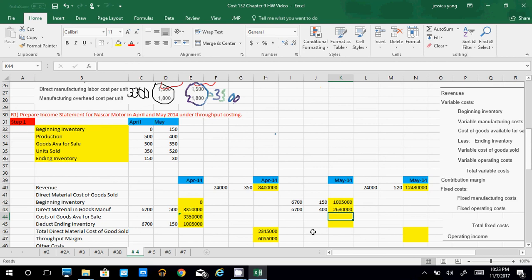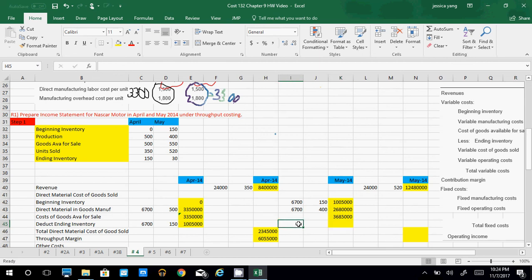To get the cost of goods available for sale, we will sum up beginning inventory plus direct material and goods manufactured, which gives us $3,685,000.